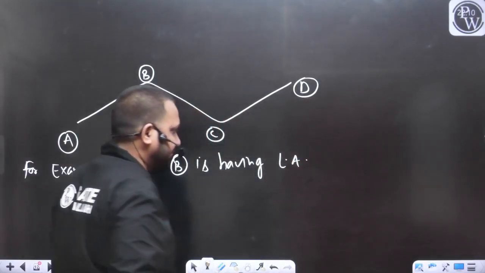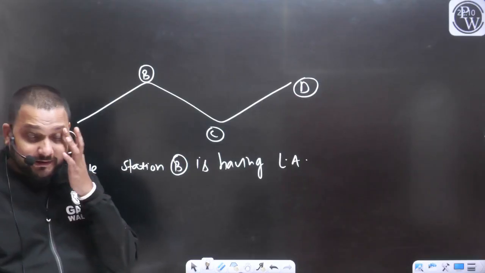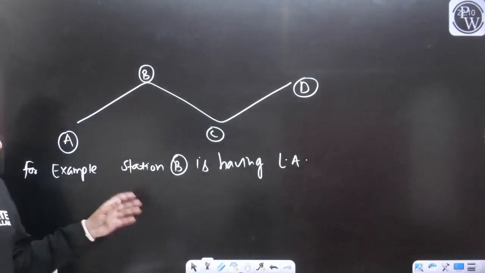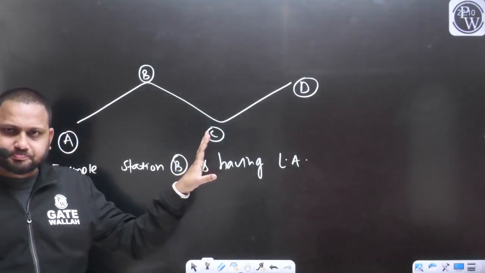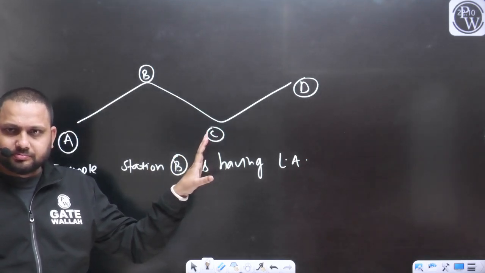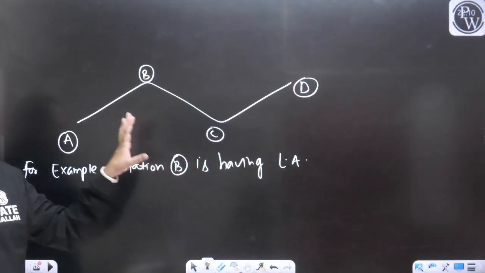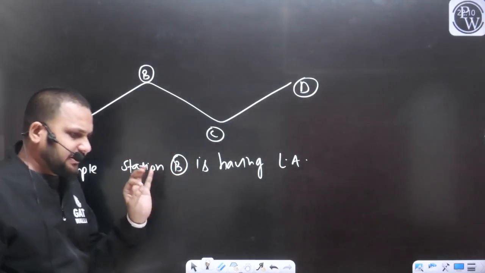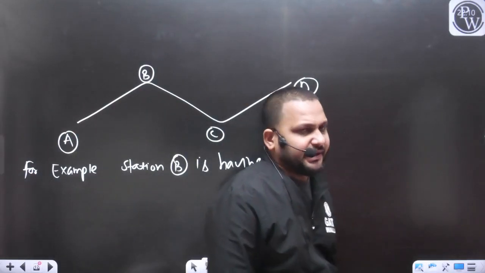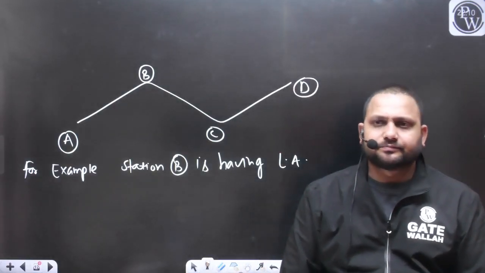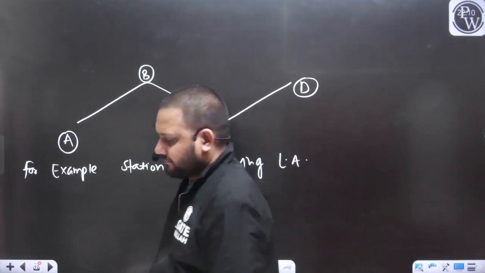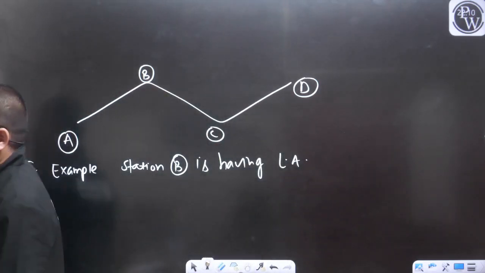Among these 4 stations, let us assume station B is having the local attraction.